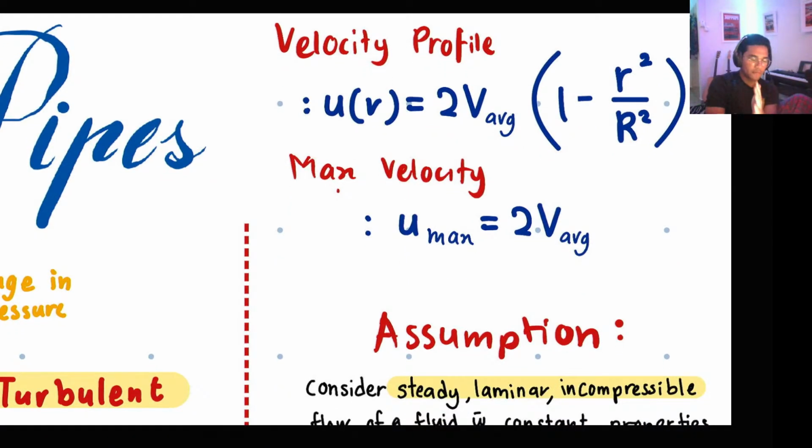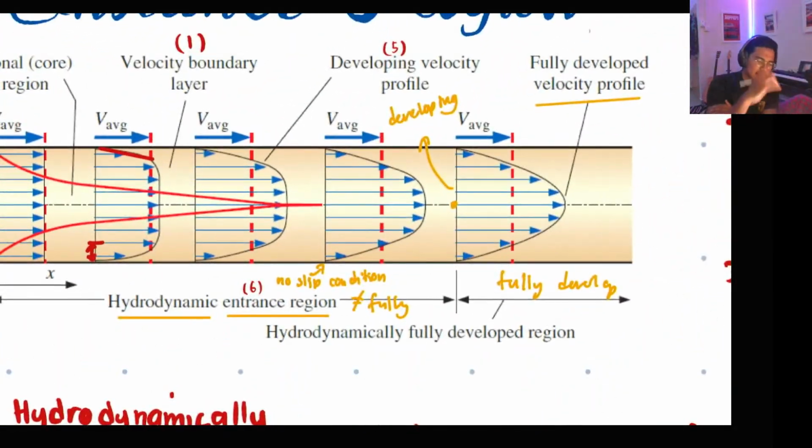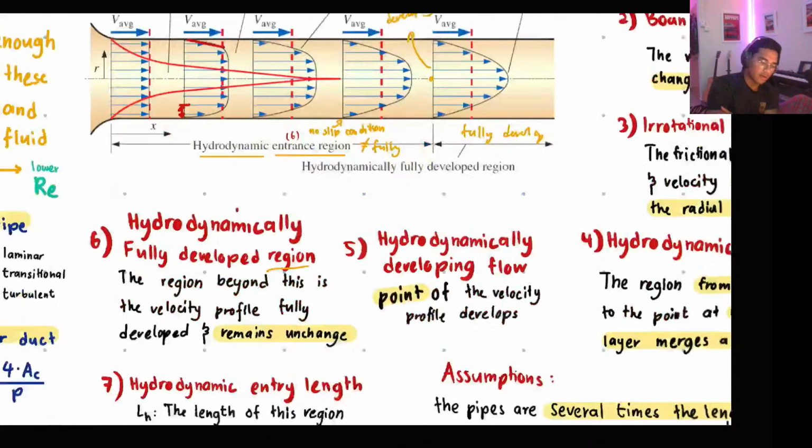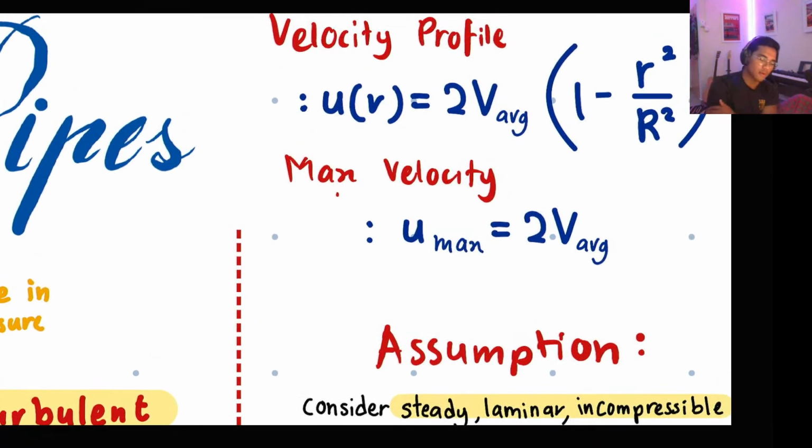The velocity profile is the graphical method to find the velocity at one point using the radius. We assume it to be a quadratic equation. It looks like a quadratic equation, right? So that is what we call the velocity profile, or the function of the velocity at a certain point from the radius.